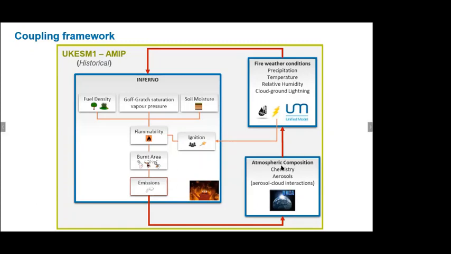And this feeds back to the weather, and the weather feeds back to fire, so we close the chain in this way. One thing to note in here is this framework doesn't include any feedbacks to the vegetation, so we are always burning the same vegetation over and over again.